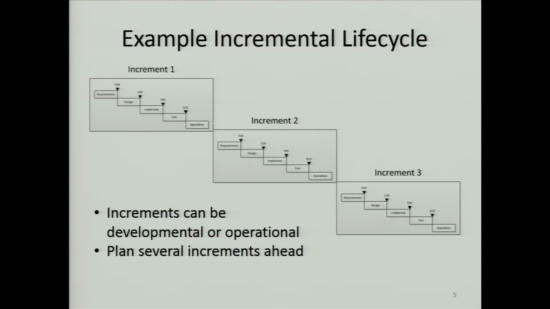They're not anything like the sprints that you see in an agile life cycle. And the planning is done a few increments in the future. Typically, the next increment is fairly well detailed, and the detail, of course, decreases the further in the future you're projecting.